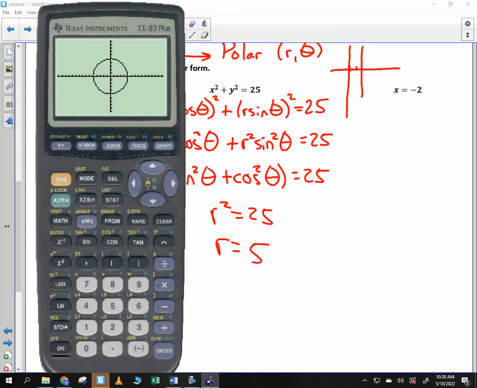Now, as I draw a vertical line that goes through -2, I want you to think about this. If I pick a point here, notice how the theta value would be what? 180 degrees or pi, right? And then the r value would be just 2 units. But if I move to a different spot here, did the theta value stay the same or did it change?